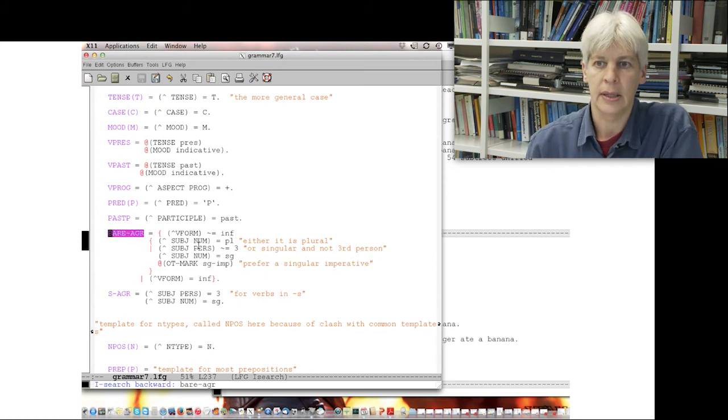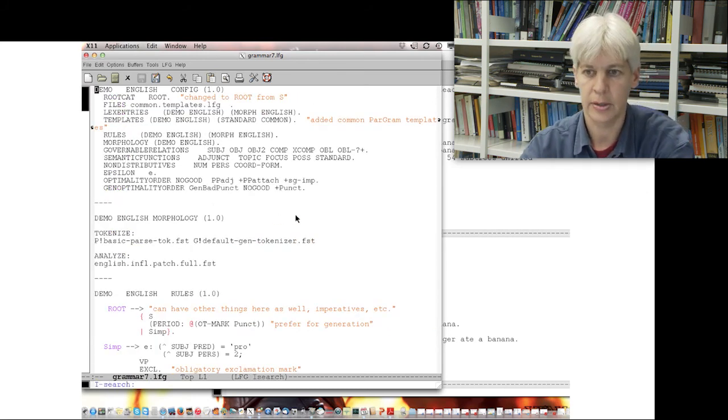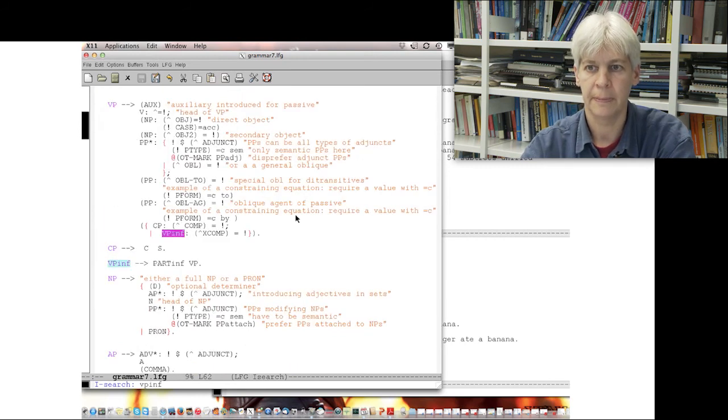Okay, so let's say when there's no infinitive, then we want this to happen. And if there is an infinitive, we don't need anything to happen. We don't need any agreement to happen. And then on top of that, we will make sure that the VP_inf is actually infinitive.